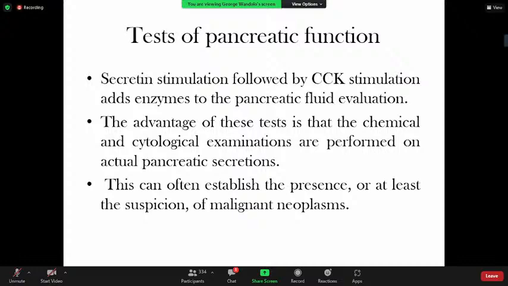So we get an orogastric tube and aspirate pancreatic material. This often establishes the presence or at least suspicion of malignant neoplasm. As we aspirate the gastric and duodenal contents, we are also able to aspirate cells, so we can see cells as well as the pancreatic contents.